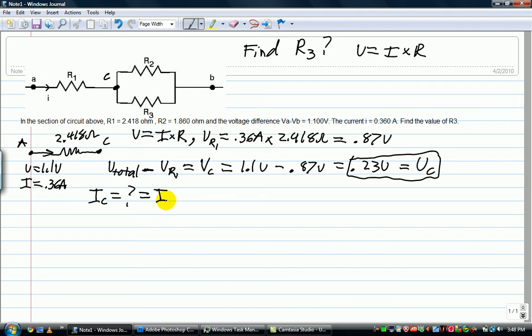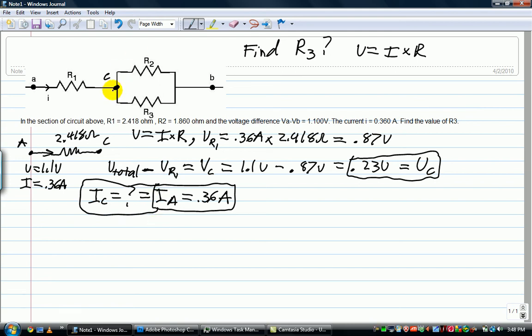So it's equal to I sub A, which is equal to 0.36 amps. Now remember that this only holds true when all your components are in series. So there's our current at C.